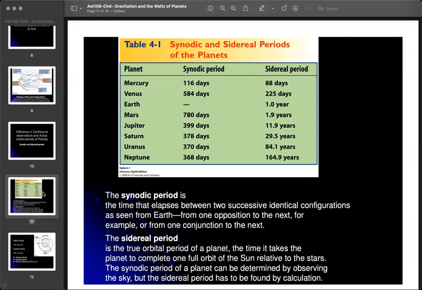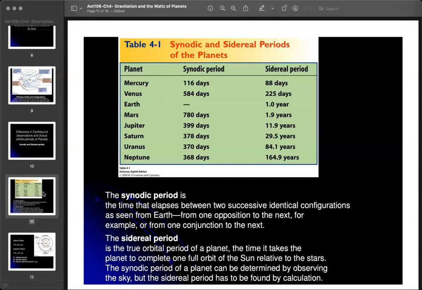Now, why do we talk about synodic period? After a lot of improvement, development in our understanding, we were able to find these numbers. But you have to appreciate that it is very hard to find out the sidereal period just from being here on Earth, because we are observing the planets from here on Earth, but we are on a moving platform. The Earth itself is moving. So it's really hard to make that observation.